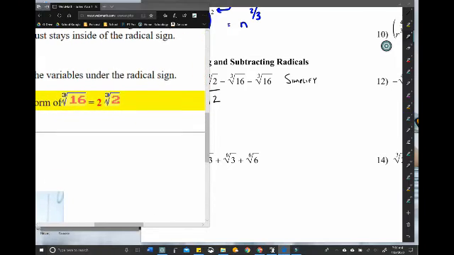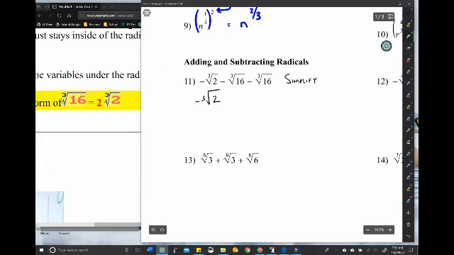It's down here, 2 cubic roots of 2. Now, where does that come from? I'll show you with the next one. So negative 2 cubic roots of 2. That comes from, if we think of 16 as the cubic root of 8 times the cubic root of 2, well, the cubic root of 8 is 2, and then we have the cubic root of 2. So this is the same thing.